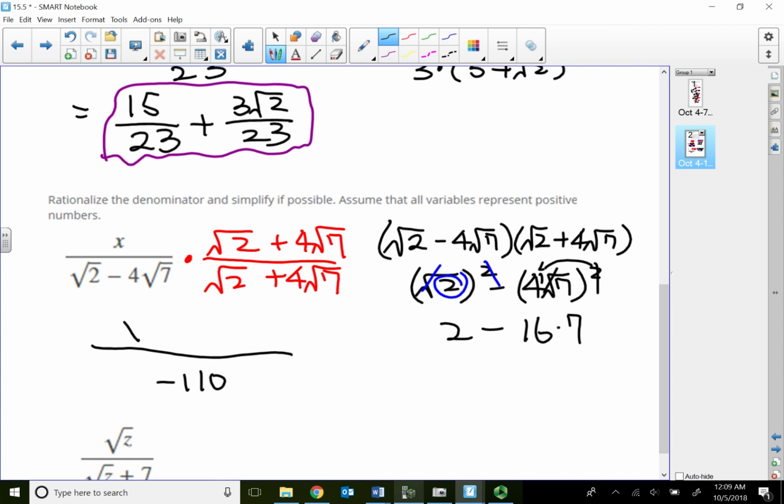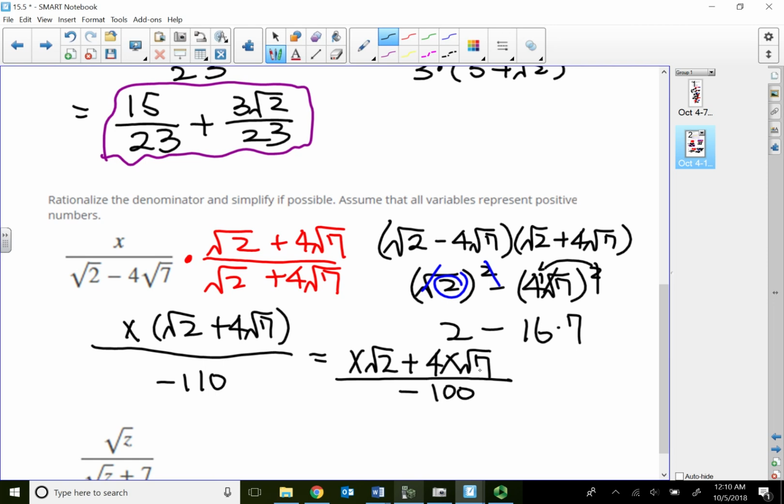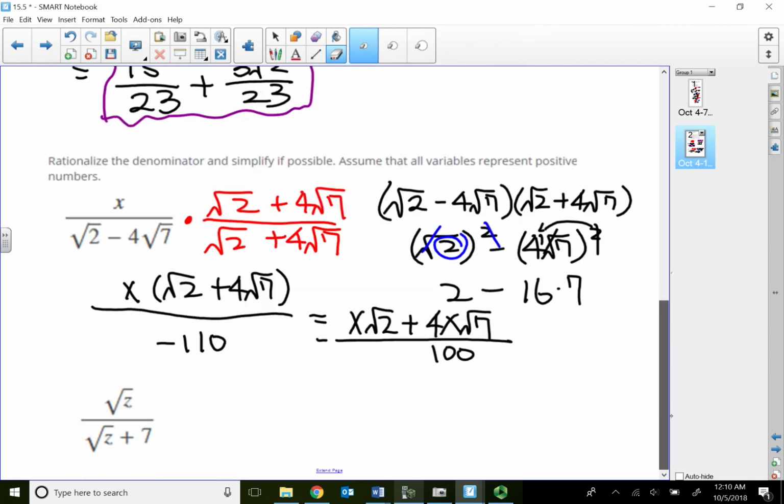My numerator would just be x times square root of 2 plus 4 times square root of 7. There's nothing wrong with this. Now, if you want to, you can do distribution and say this is x times square root of 2 plus 4x square root of 7, both terms over negative 110. This negative sign can also be written in front of the fraction, and I would actually prefer you write it in front of the fraction. All right, that's my answer right there.